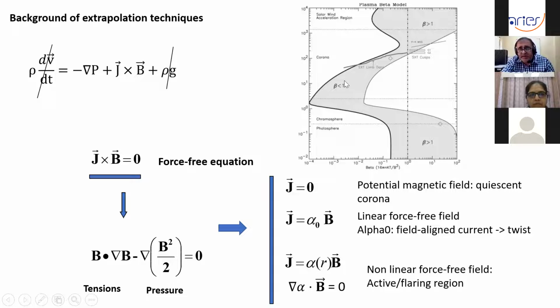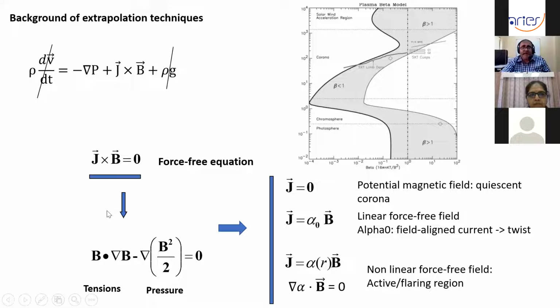But at the mid corona, the plasma pressure is very small and can be neglected over the Lorentz force, J cross B. So J cross B equal to 0 defines the coronal magnetic field, where J is the volume current density.